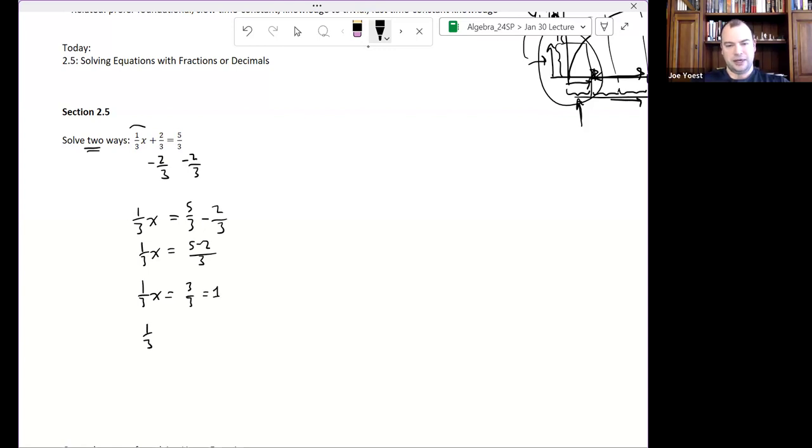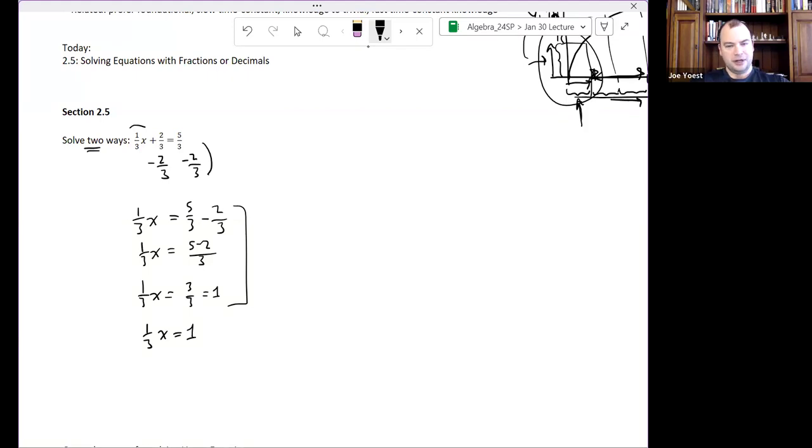So I have 1/3 x equals 1. So that was my one equation solving step so far, and a whole bunch of simplification working with these fractions. I've now isolated the variable term and simplified everything.